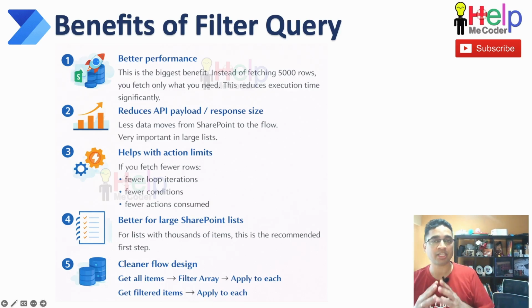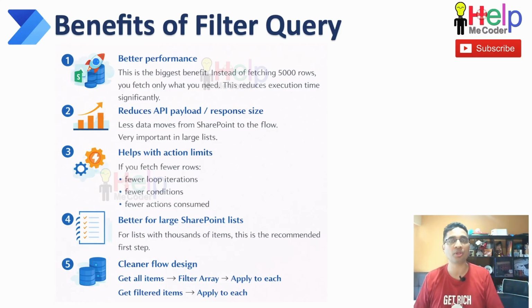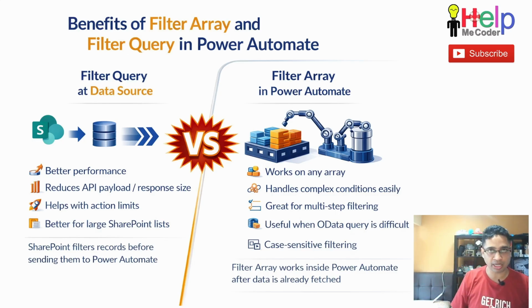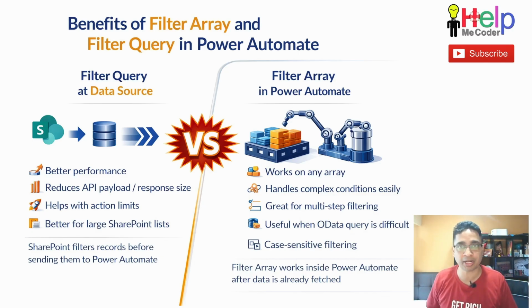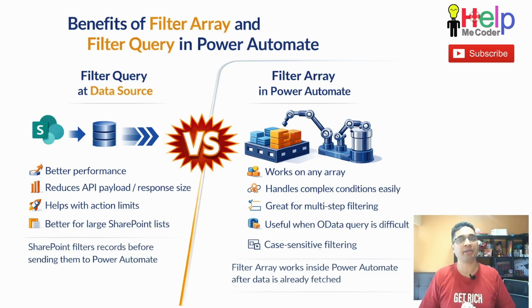Okay, so I think I have explained enough about filter query. Next, we are going to look into filter array. The difference between filter query and filter array needs to be understood. People might go and hit a SharePoint site, get 5,000 rows, and then say, okay, I don't want to use apply to each, I will use filter array.